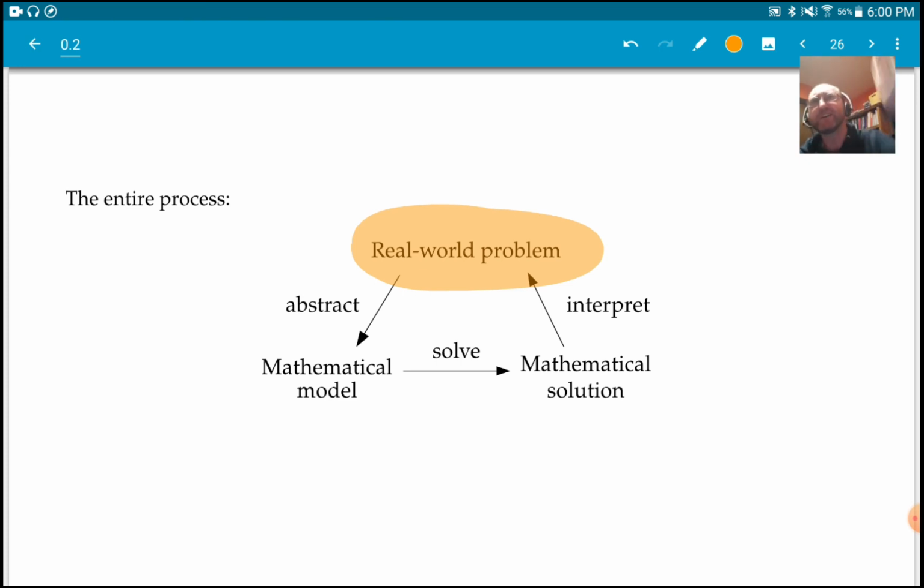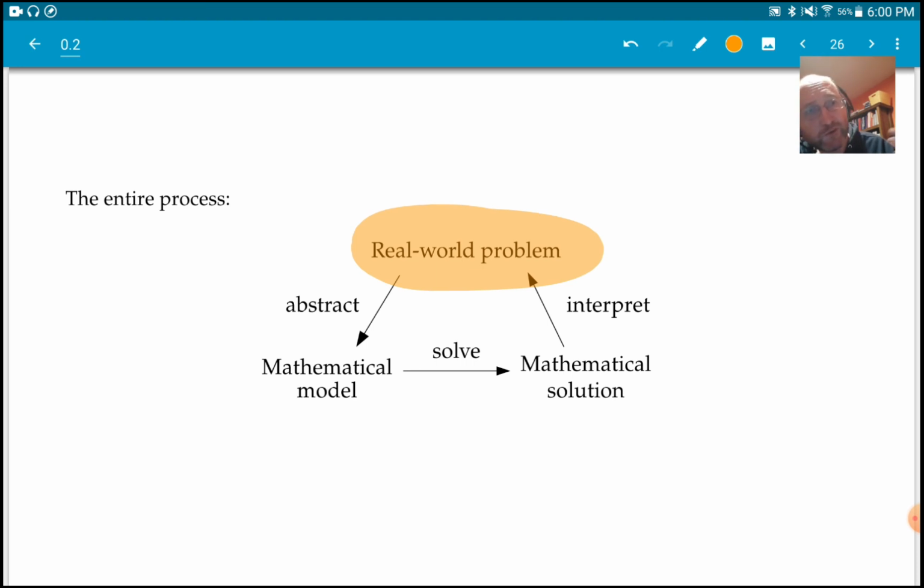You need to figure out what's the maximum load that the bridge can take, or you need to figure out what's the temperature of the coffee. It's actually tea in this mug, right? So that's the real world problem.